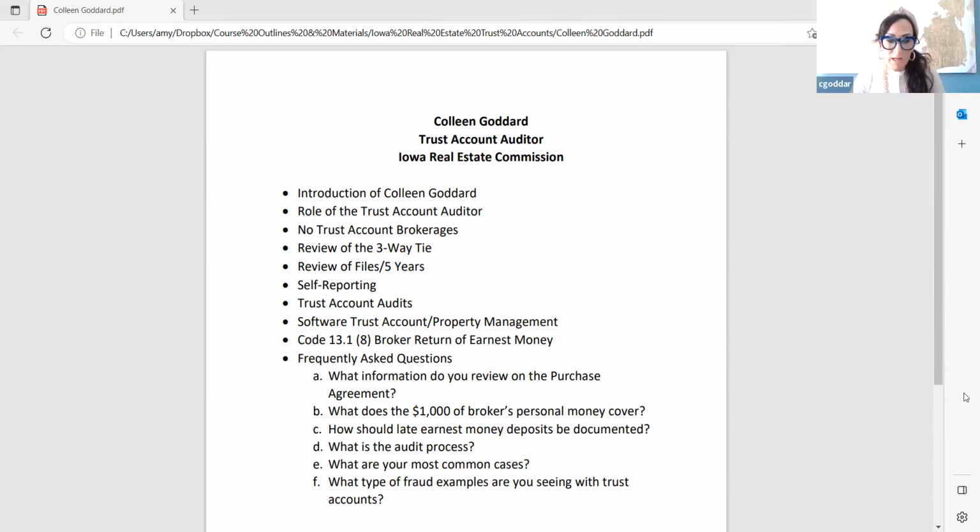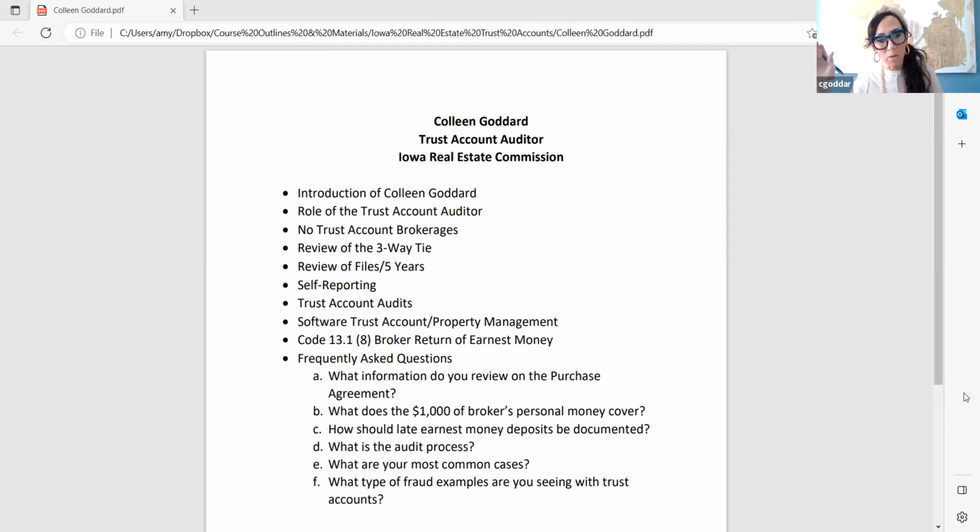And we had a case in 2022 where I reached out to a bookkeeper and said, hey, it's time for an audit. She walked out of that office and never came back. I contacted the broker and said, I don't know what happened here, but I haven't heard from your bookkeeper in a week.